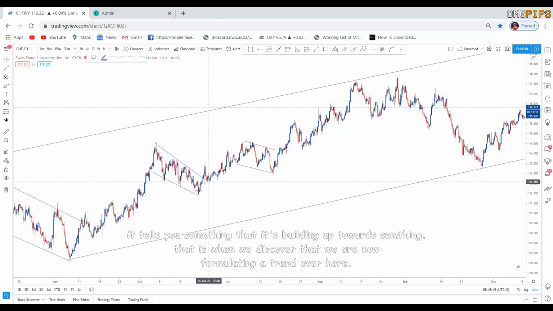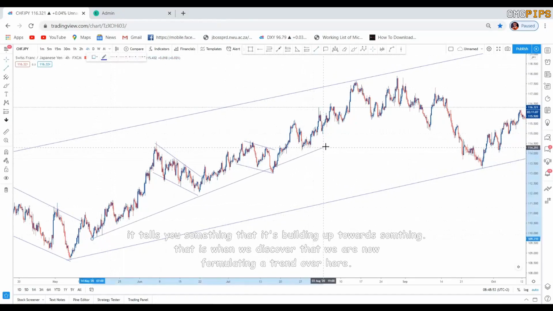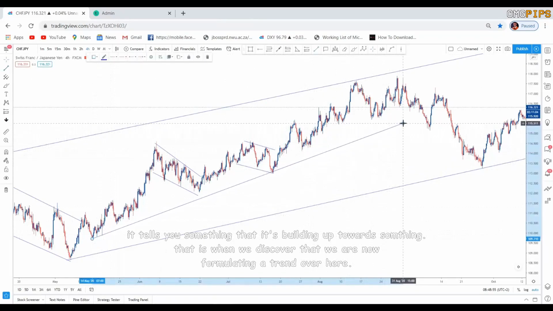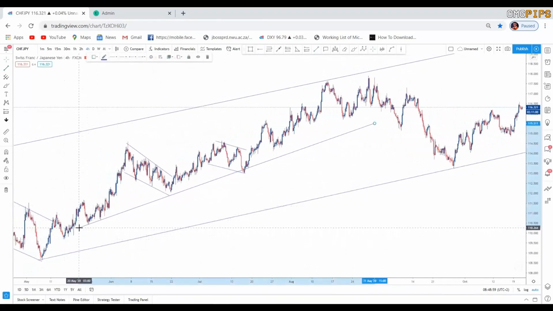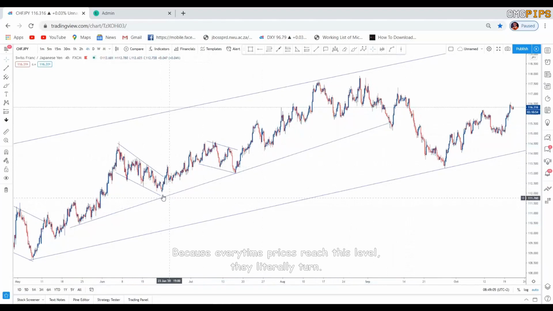That is when we discover that we are now formulating a trend over here. If we look closer, you're most definitely going to see we are now creating a trend towards that level, because every time price reaches this level, it literally turns.